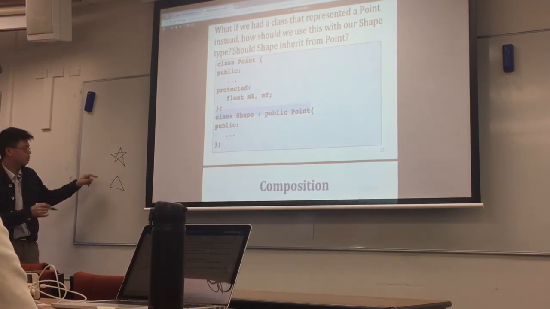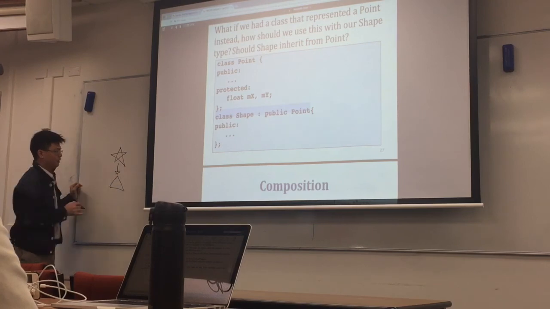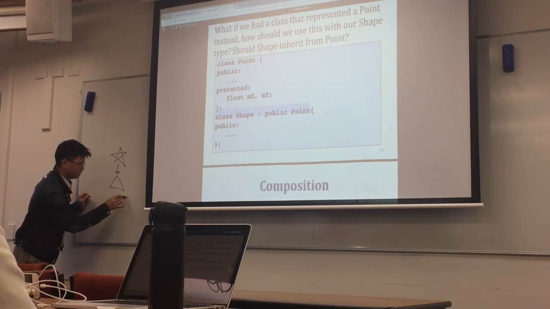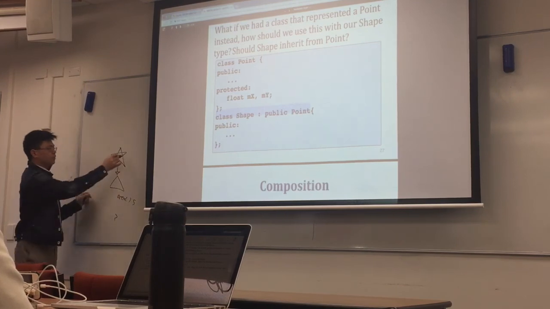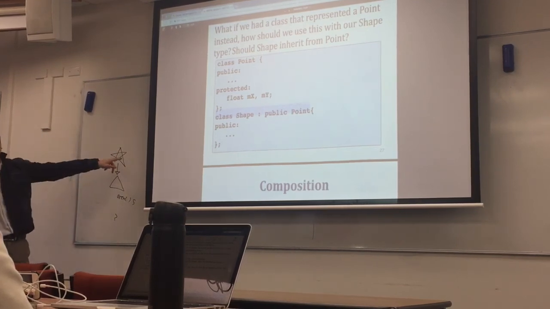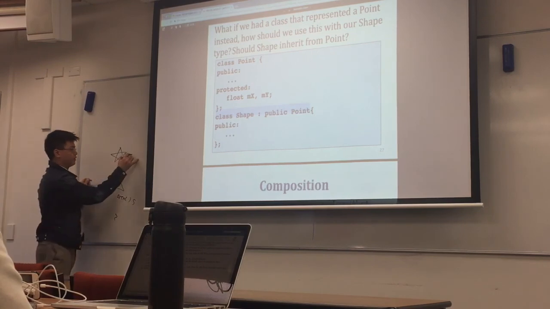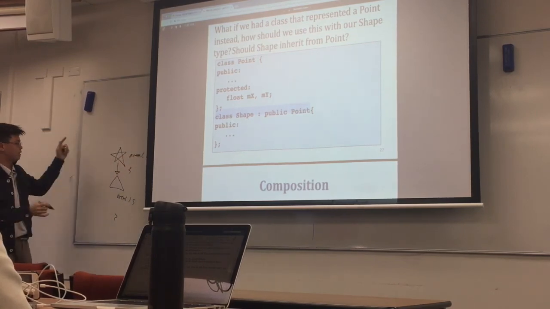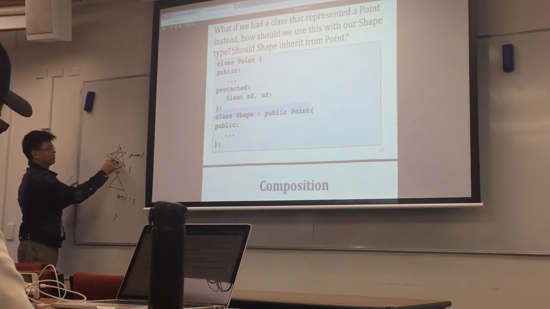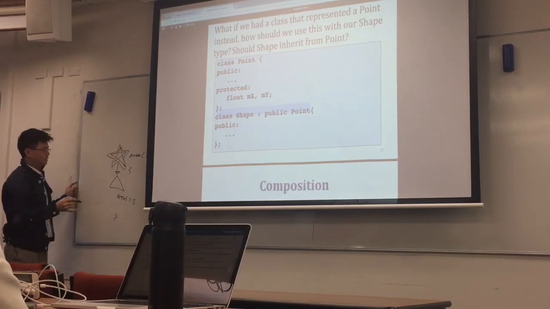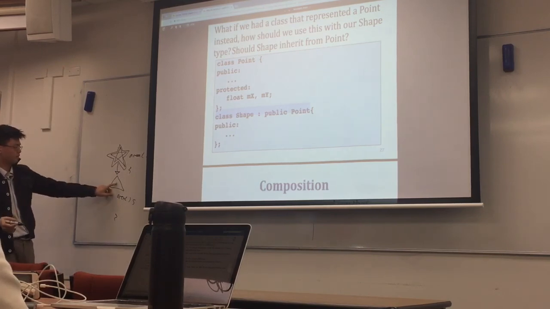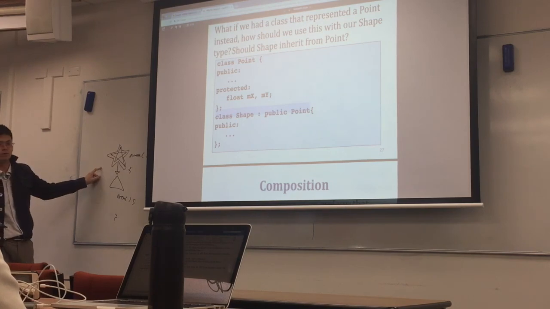So if you make this one a derived class of this, and you declare an area here, then you would definitely have to override area in star, and not just area, but circumference. Is it circumference? And other properties of a triangle that the star doesn't have.